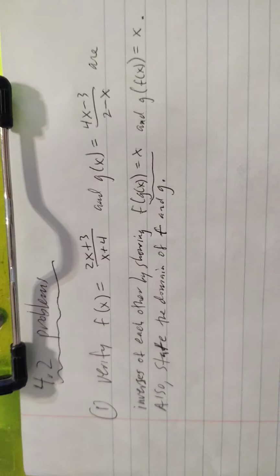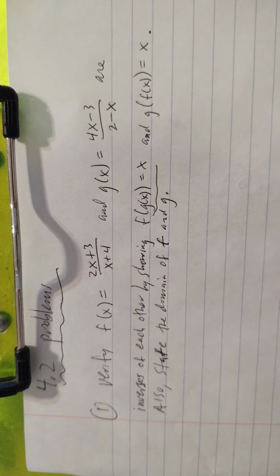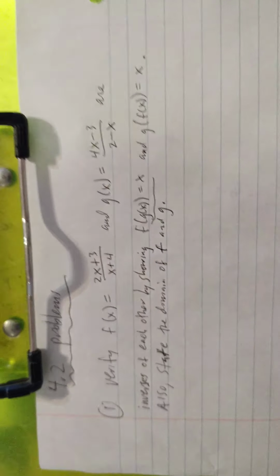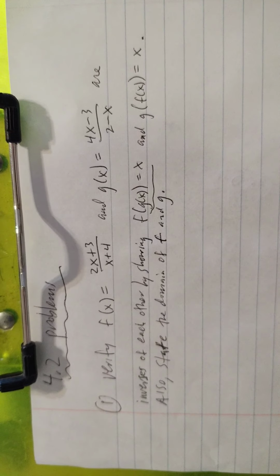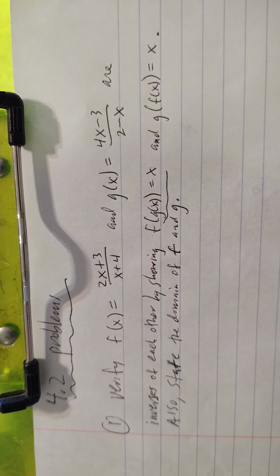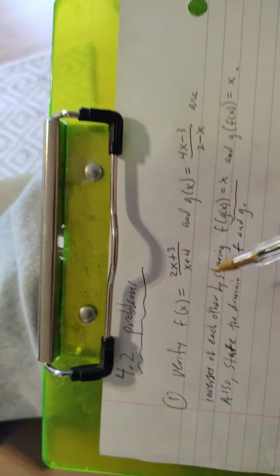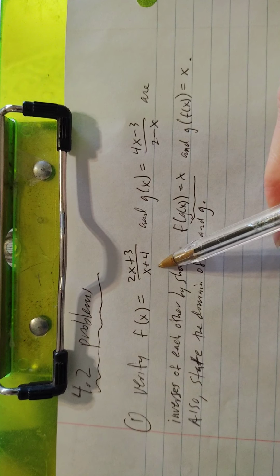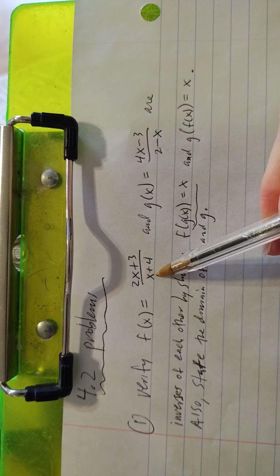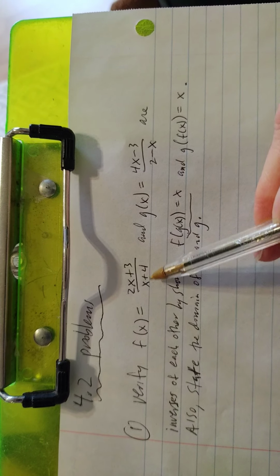Okay, so here again is question number 1, and I'm going to solve it right now. I'm going to first state the domain of f and g. I'm going to do that orally. If you look at function f, which is 2x plus 3 over x plus 4, the domain of f is going to be all x except negative 4, because if x is negative 4, we're dividing by 0.